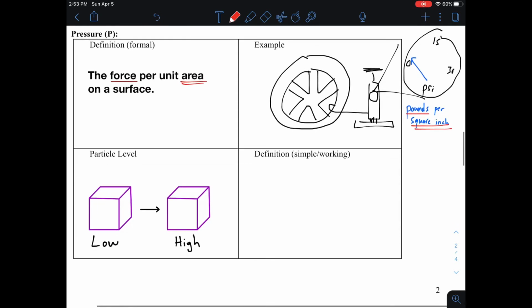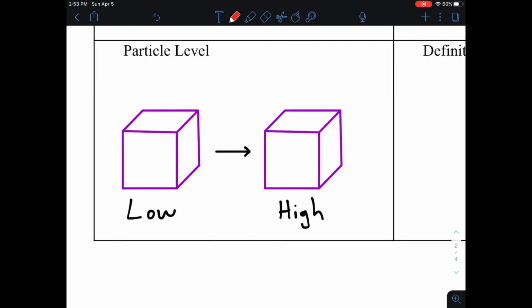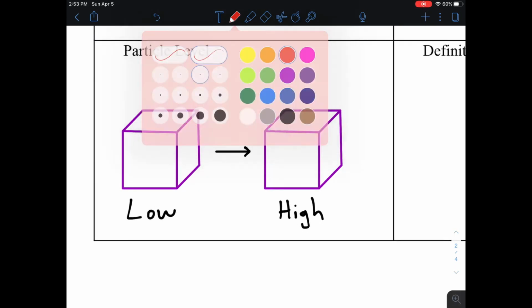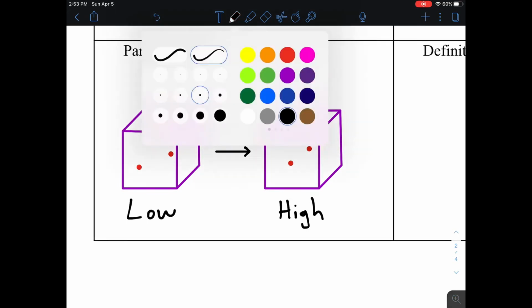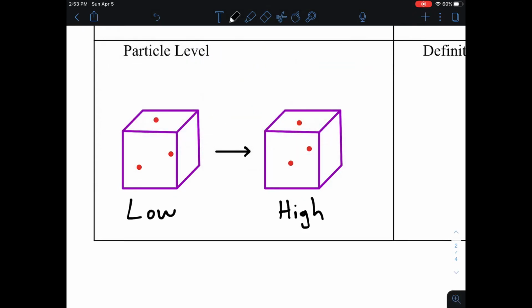So how could we draw that at the particle level? We need a way of showing force. Let's just do 3 moles of gas again. And we need to show more force on the gas particles on the right-hand side.